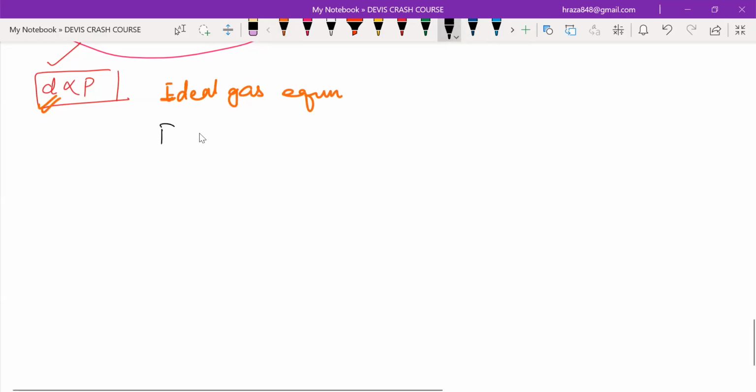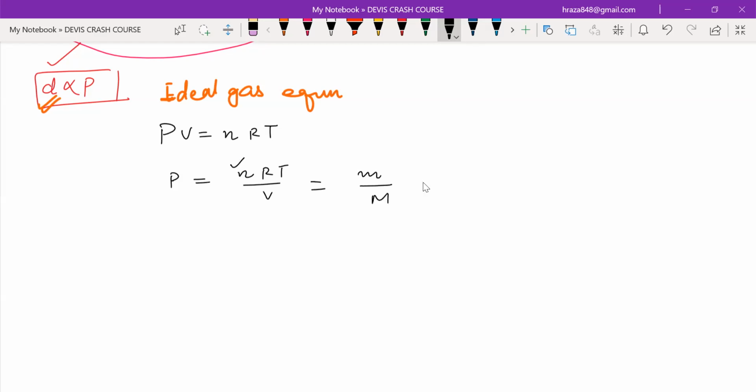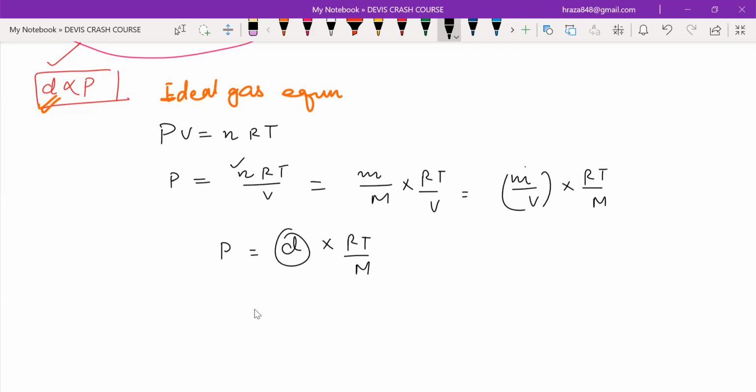Basically, you know that PV is equal to nRT, and I can write this as P equals nRT upon V. n we can write as given mass upon molar mass, and I can also write this as M upon V. It's my choice. Now, mass per unit volume is density, so density into RT upon M. So density is equal to MP upon RT, that I generally call Madhya Pradesh upon Rajasthan.